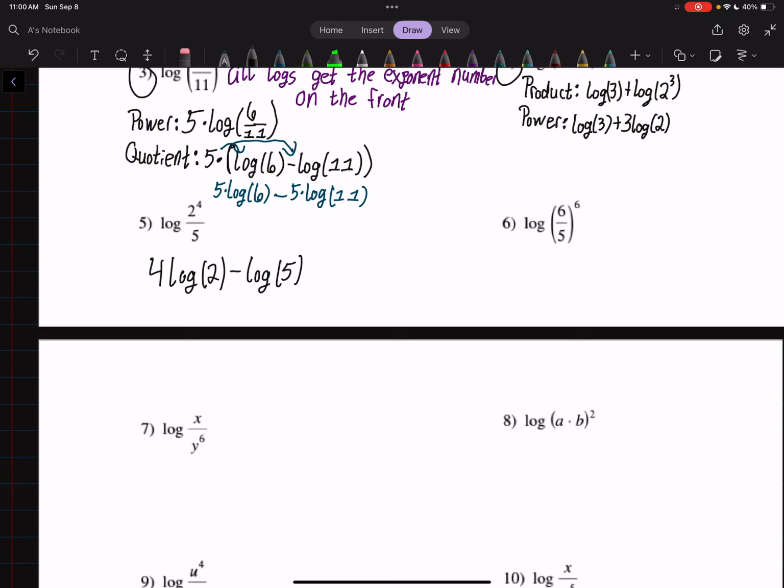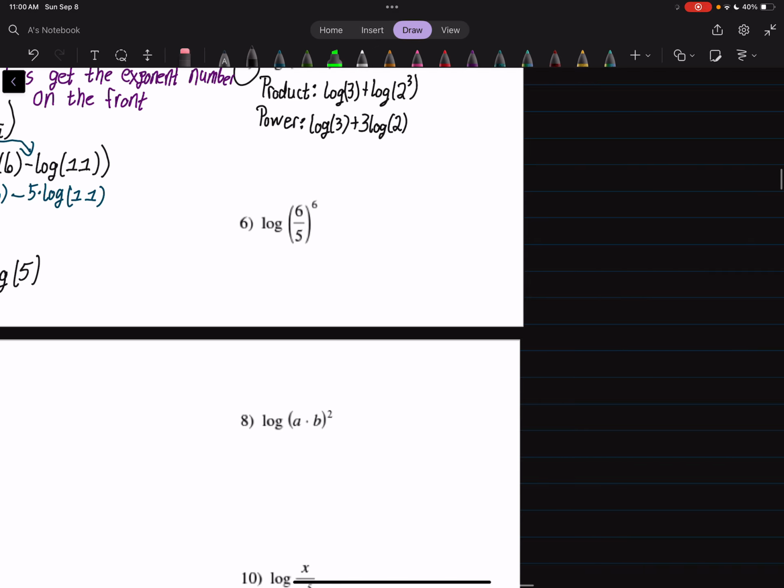Again, the reason being, the 4 was just on the 2 as an exponent, not in parentheses. This one does have parentheses, so they both get it. So 6 log of 6 minus 6 log of 5.